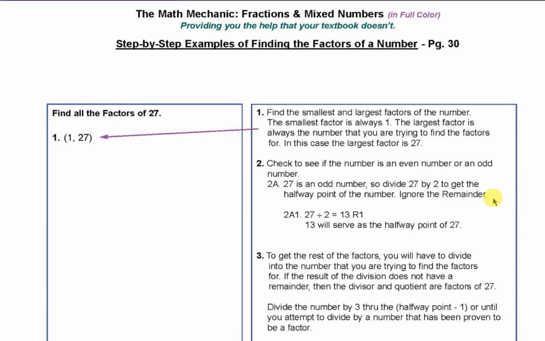Ignore the remainder. 27 divided by 2 equals 13, remainder 1.